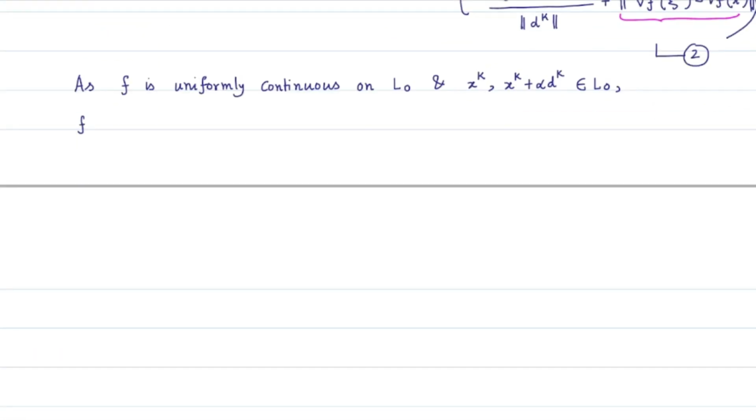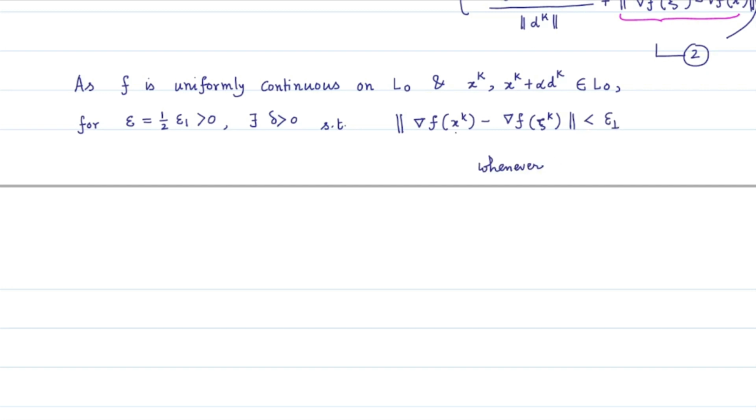We then have for the positive epsilon as half of epsilon 1, there exists a delta greater than 0 such that we have the norm of grad f at xk minus grad f at xi k less than epsilon 1 whenever the distance between xk and xi k is less than delta, or we just go for assuming that the distance between xk and xk plus alpha dk is less than delta.